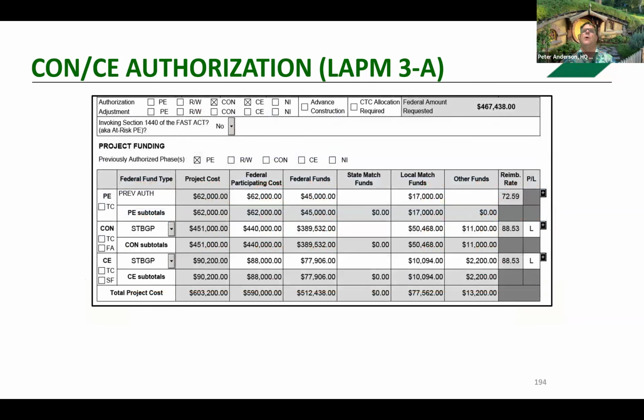So back to our screen here, you'll see that 467,438. That is the federal funds, the total federal funds that you see on this, less the previously authorized amount. So it is what's part of the construction engineering amount, that total.